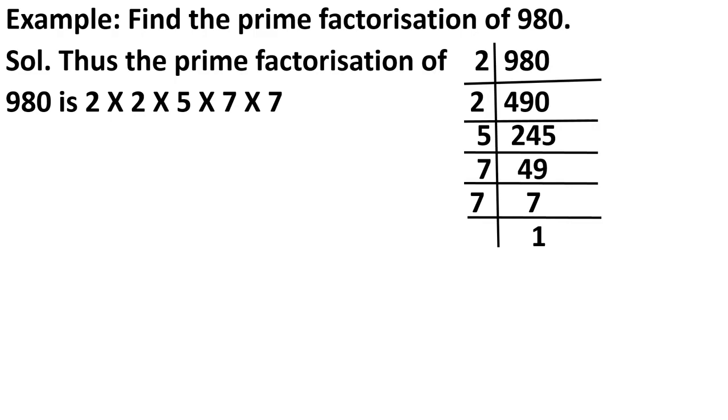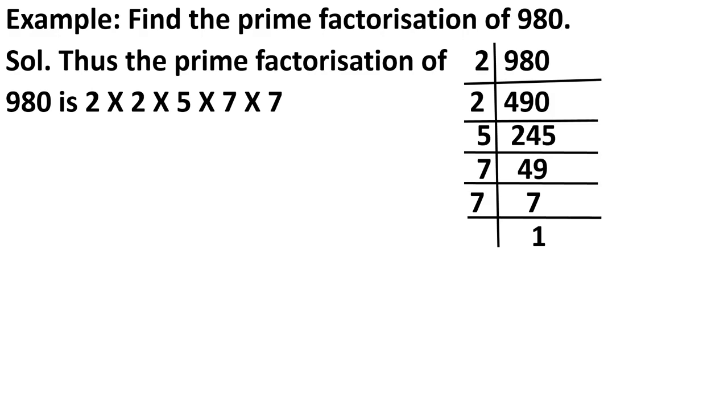So check by 3 now. How will we check by 3? Sum of all the digits. 2 plus 4 plus 5 is 11. Is 11 divisible by 3? No. That means 245 is not divisible by 3. After 3, the next prime number is 5, so check it by 5. Yes, because the ones place is 5. So 245 divided by 5 is 49.